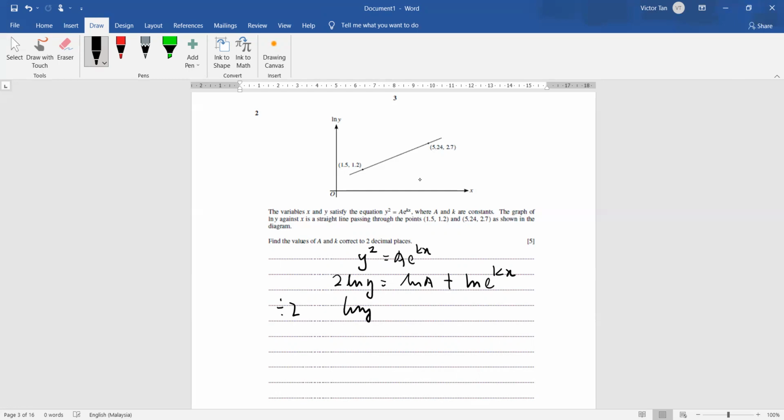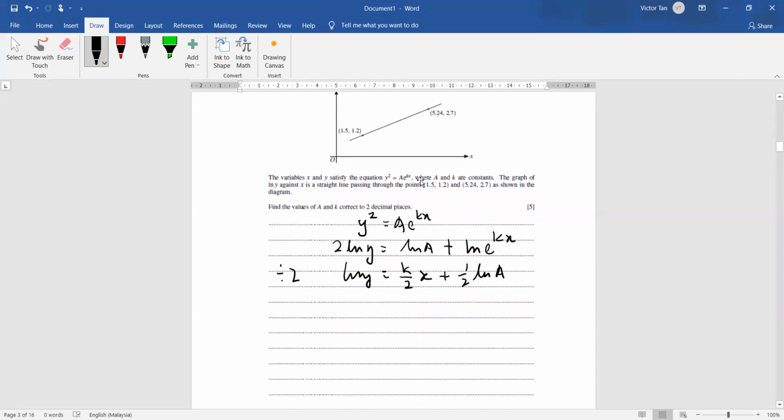So you have ln y equals, ln e to the kx is just kx, divide by 2 is k over 2 x, plus half ln a. This is in the linear form y equals mx plus c. The vertical axis is ln y, the horizontal axis is just x.